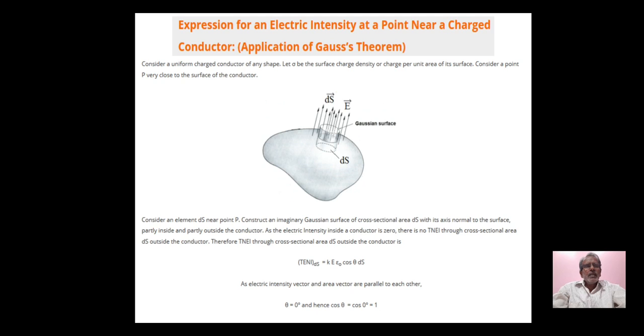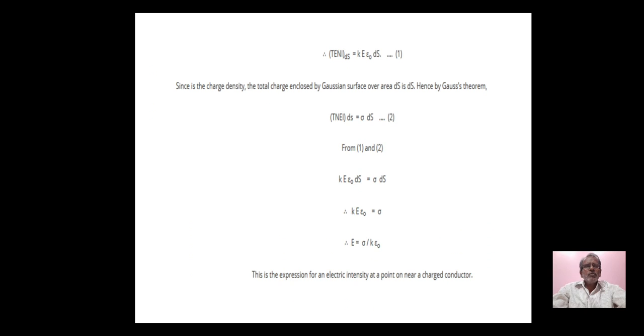Here field lines and outgoing normal to the surface are parallel to each other, so theta is equal to 0, giving cos theta equal to 1, and this gives flux over surface element ds equal to k E epsilon naught ds. Integrating over the entire Gaussian surface and putting it equal to sigma into ds, we get k E epsilon naught ds equal to sigma into ds, and this gives E equal to sigma upon k epsilon naught.